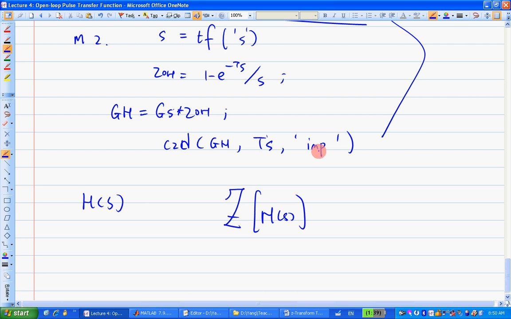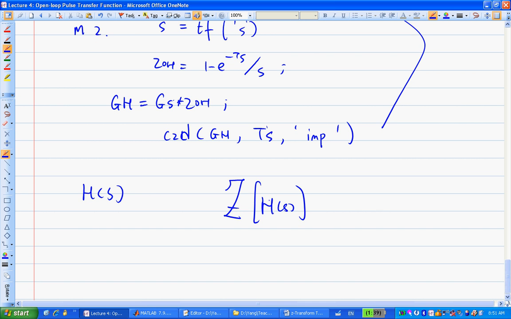Now the only catch is, later when you come to the actual system, there's a zero-order hold there, and you're not just taking Z of H of S. You're actually probably taking Z of the zero-order hold plus that H of S. Is that good? Try it out and get some ideas, get some impressions about this C2D command.